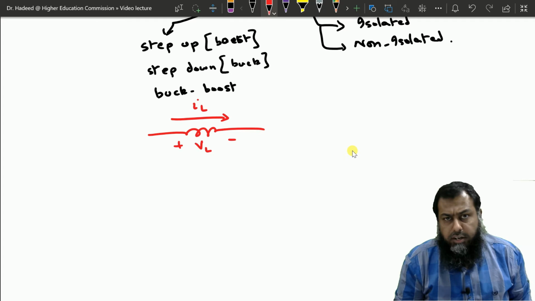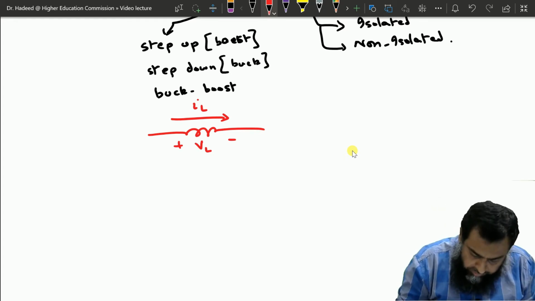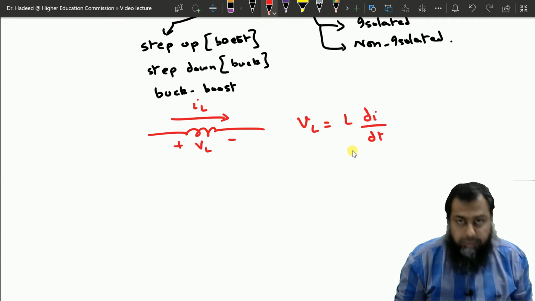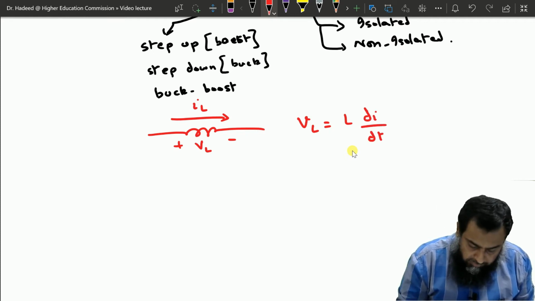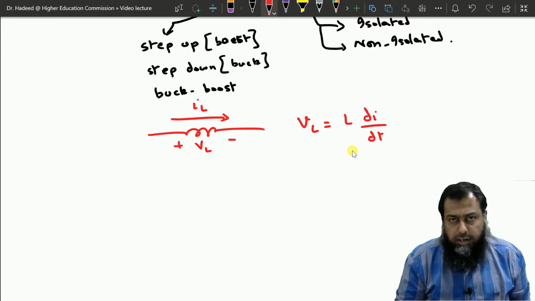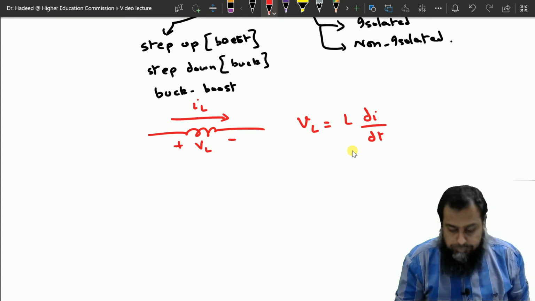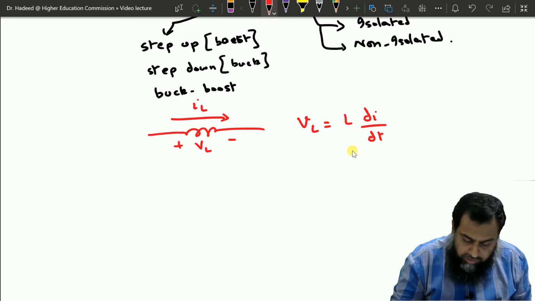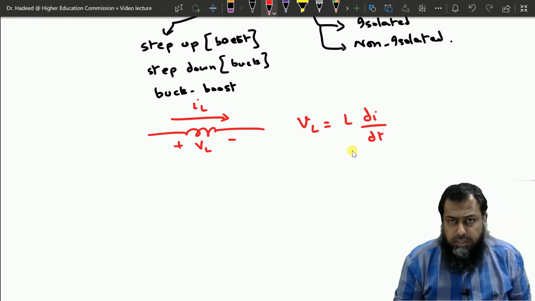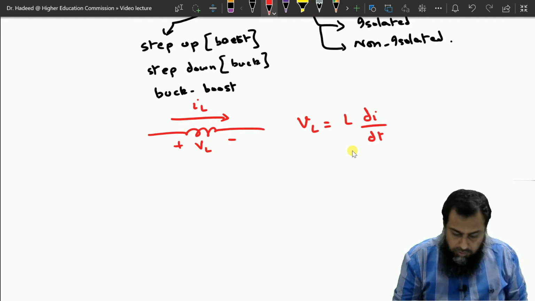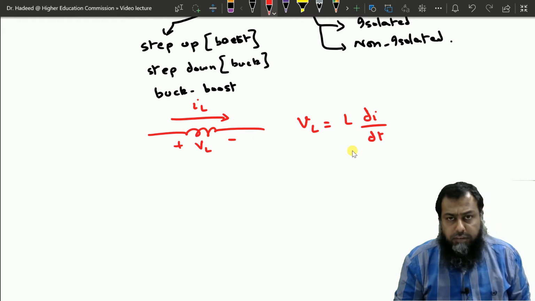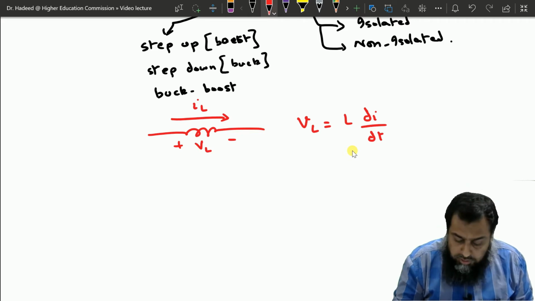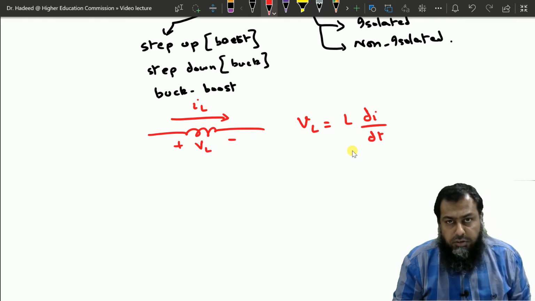According to the current voltage characteristics of an inductor, the voltage across the inductor VL is equal to L di by dt, which means that if we apply a constant voltage to an inductor whose value is also constant, then the current shall rise in a linear way such that if the voltage persists, the current will soon reach dangerous levels and eventually it will burn out. So using this particular equation, we shall develop our instincts of how the applied voltage forces the slope of the current to go in a positive direction or in a negative direction.